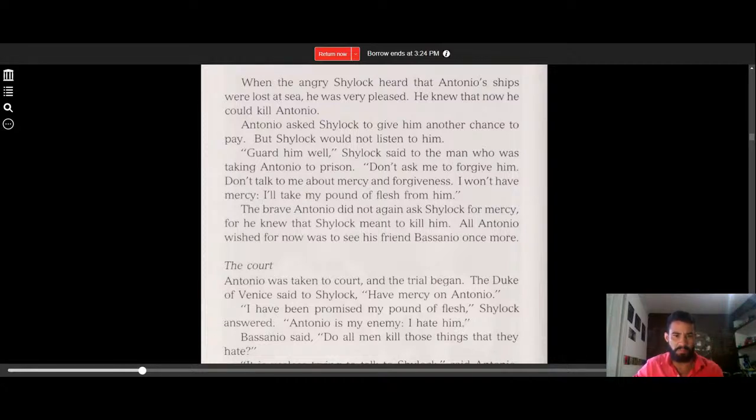Don't talk to me about mercy and forgiveness. I won't have mercy. I'll take my pound of flesh from him." But brave Antonio did not again ask Shylock for mercy, for he knew that Shylock meant to kill him. All Antonio wished for now was to see his friend Bassanio once more.